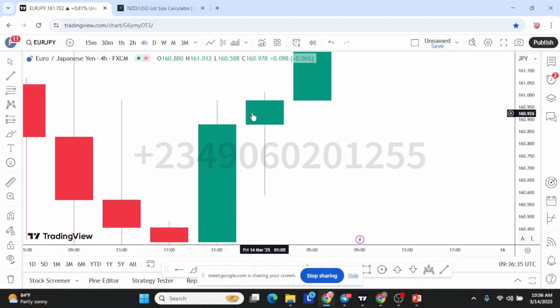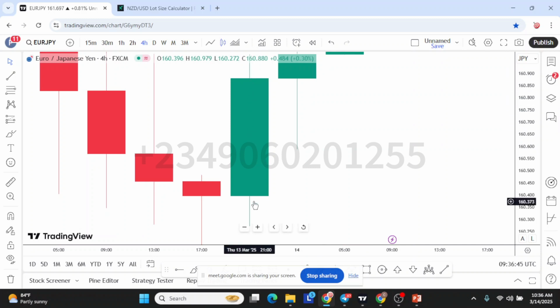And look at the body size. The body size is not so big. It means that the difference between the open and the close is not so big. And if you look at this too, it is a bigger candlestick. It means that the range between the open and the close is very, very big. So that determines the body size of that candlestick.